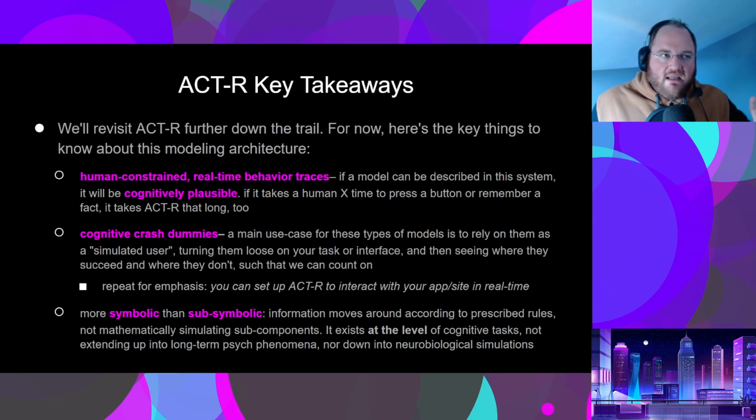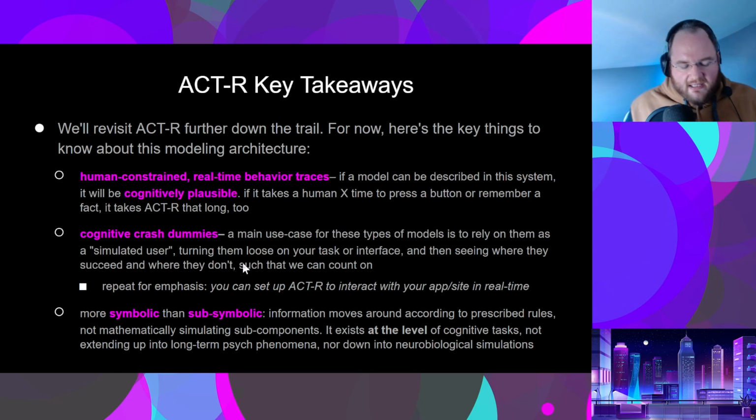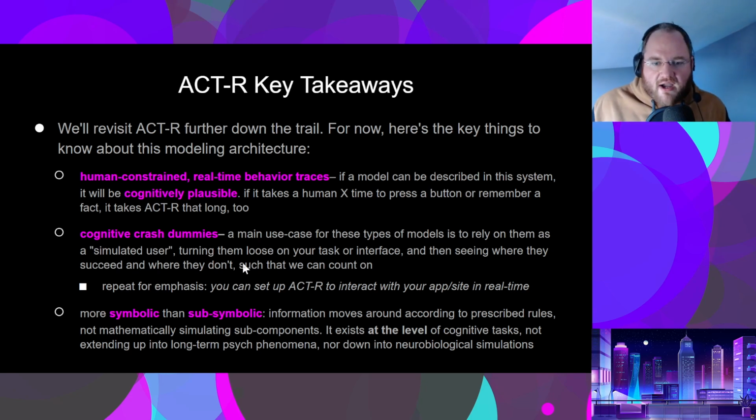Now, again, you have to be a skilled modeler to know what can and can't be set up here, but I think this is really cool, especially in the HCI realm, where you can set up ACT-R or a version of it to literally navigate your website and see what it does, see if it fails, right?